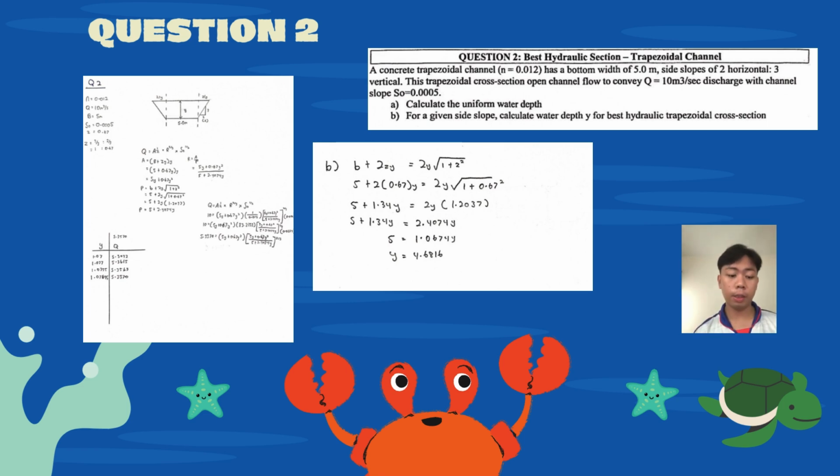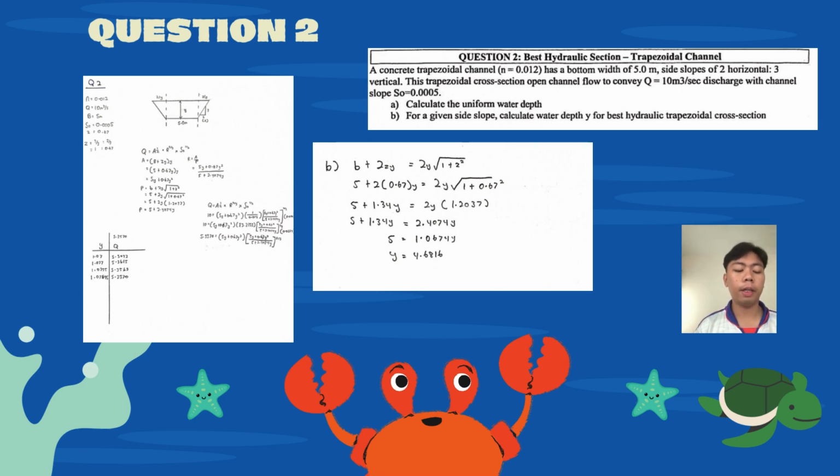So first we must use the Q formula, which is Q is equal to A times 1 over n times R power of 2 over 3 times S0 power of 1 over 2.